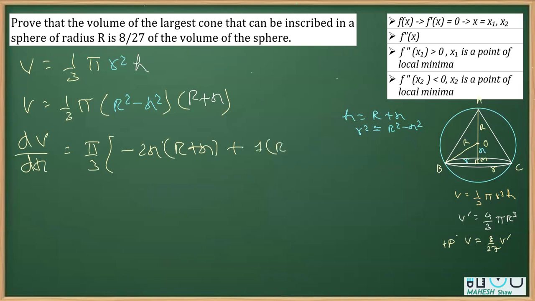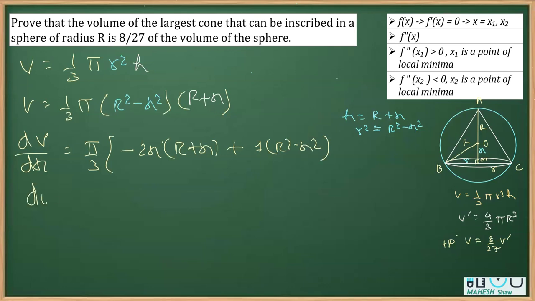Now we find its first order derivative, and we will also find the second order derivative because we'll be using the second order derivative test. Here too, I'm taking pi by 3 as it is. I think we need to simplify before finding the second order derivative, so let's first simplify it.